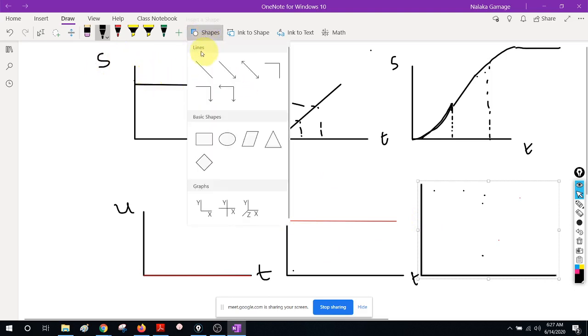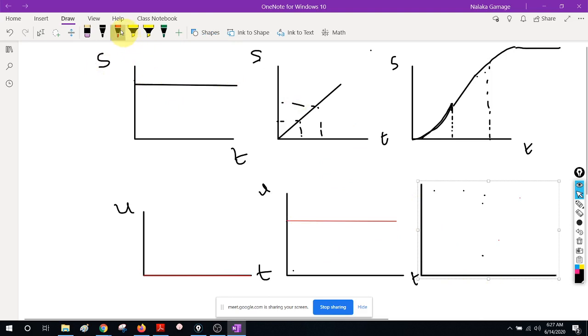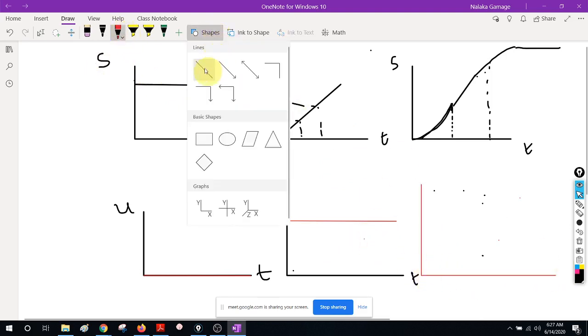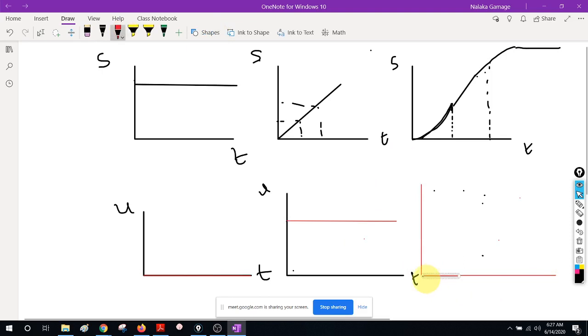So in that case, what happens? It will be something like this, up to that point. I will just draw some lines here.